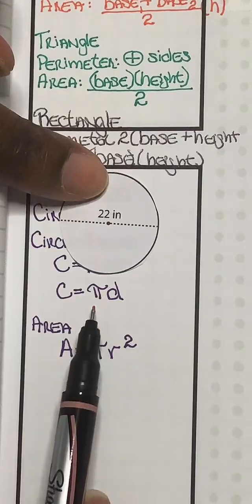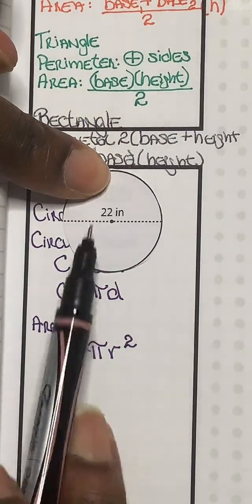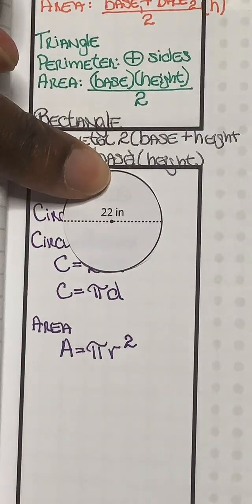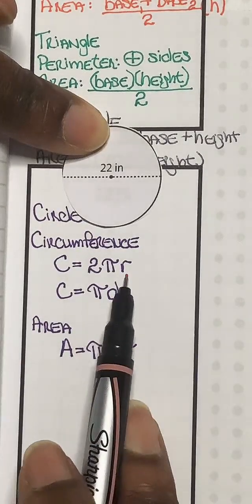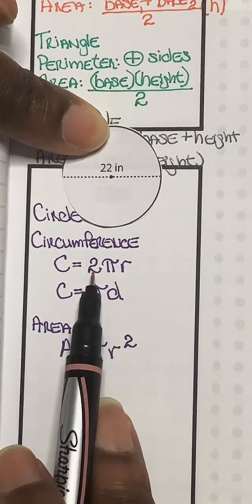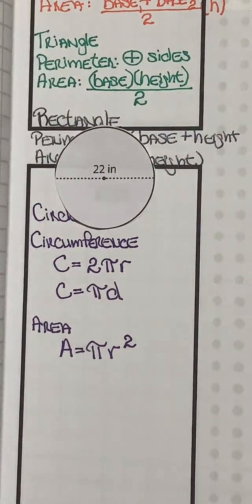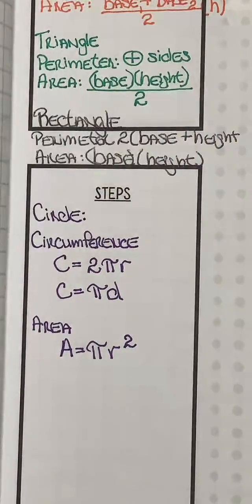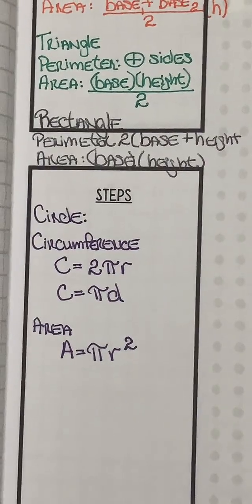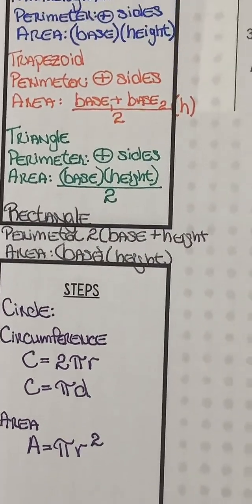If they say keep it in terms of pi, you just have to write your diameter and the pi together. I'll show you in a moment. But if they give you the radius, you want to multiply it by 2 and then multiply it by pi. All right. Wonderful. So let's go through a couple examples so we can take this step by step.